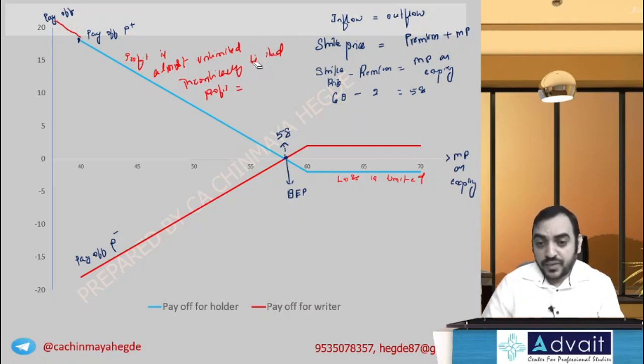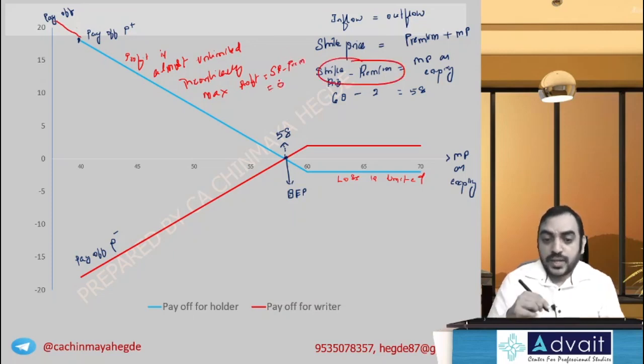Theoretically, maximum profit equals the strike price minus premium. Same thing only, this one. Because market price would become zero then. Strike price minus premium.